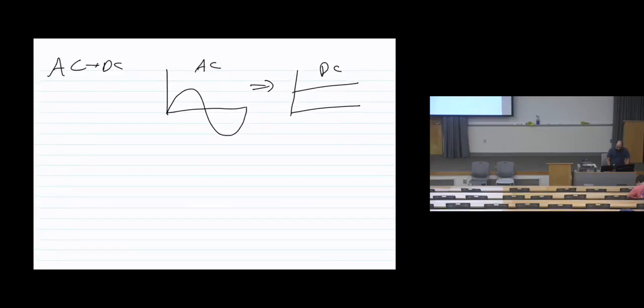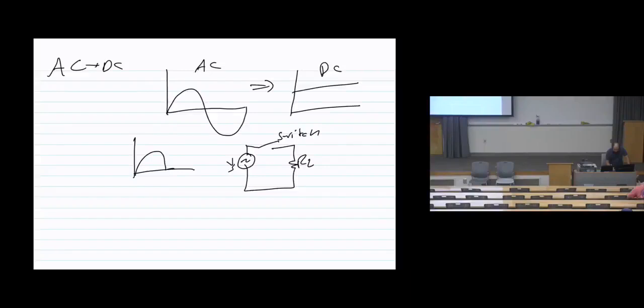We realize that if we use a fast switch, and let's assume here is the source, here is the load, and here is the switch. If we let this switch run only at the positive cycle, and be off at the negative cycle, the waveform will be like this.